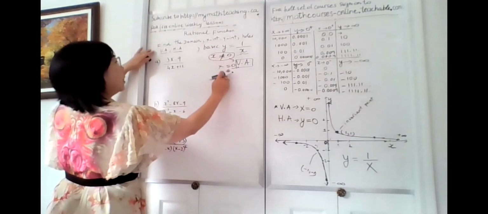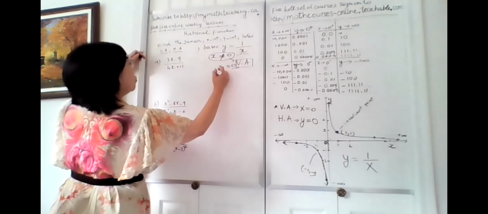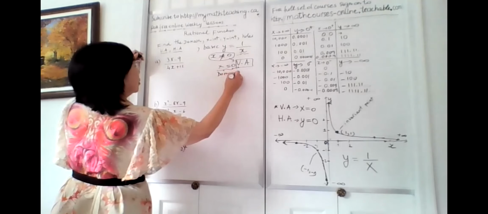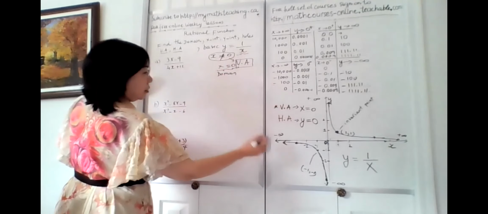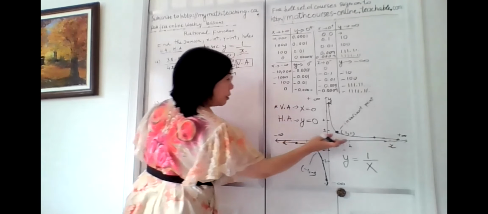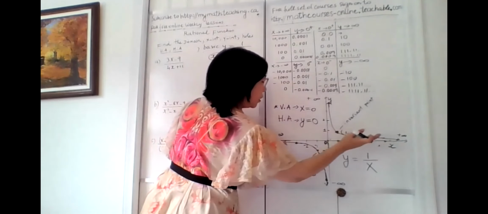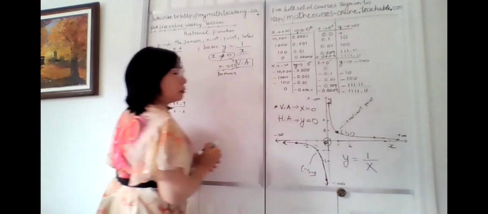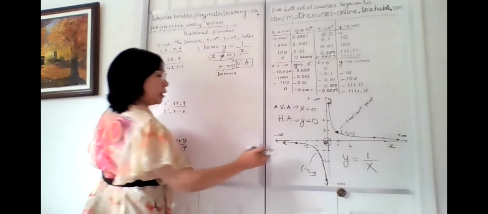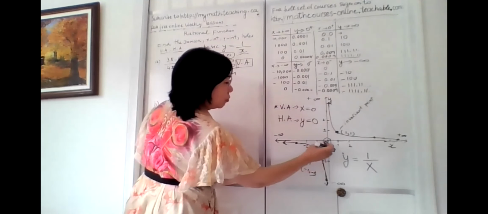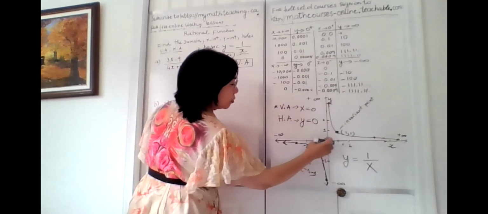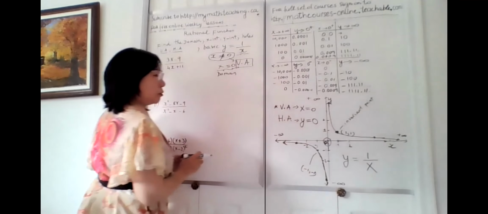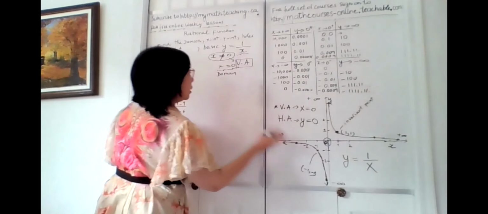When we do this, we are stating the domain of the function. In this basic function, x can be any value from negative infinity to infinity, except x cannot be 0. We don't have any function value when x is at this number, 0. But x can be any other number.